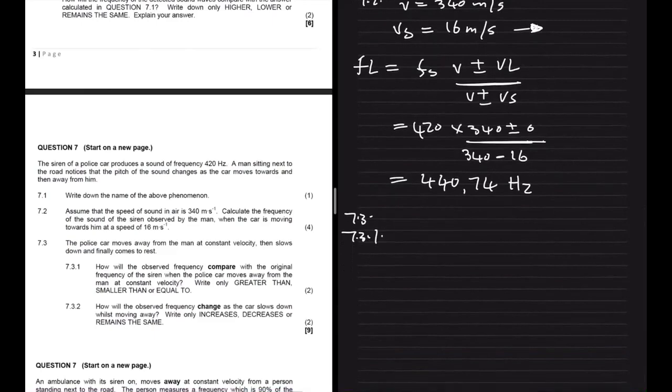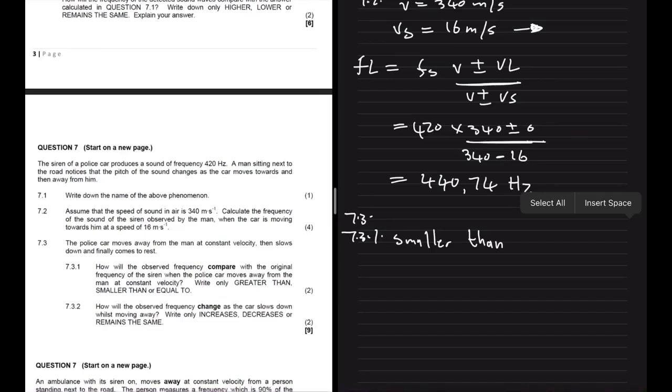When it's moving away, the observed frequency is going to be smaller than the original frequency, because in the numerator we're going to have a minus sign, and on the denominator we're going to have a positive sign.